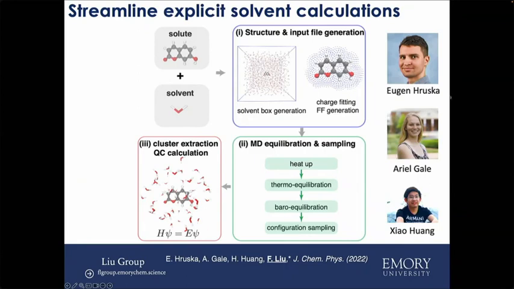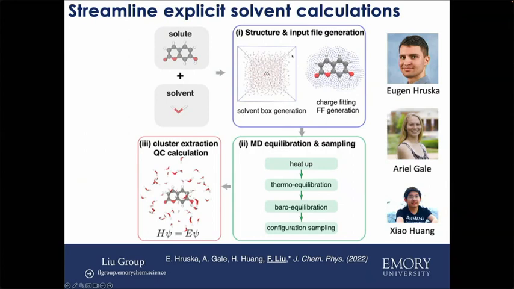We developed this open source Python package, AutoSolvate. The user only needs to provide the XYZ coordinates of the solute and then choose what solvent they want to prepare. In the initial version, we only offered a few options for the solvent, but in our more recent version, we allow any arbitrary solvent provided by the user as an XYZ file.